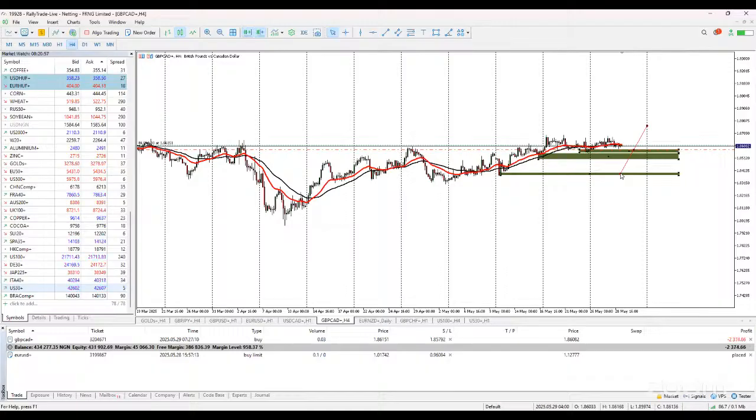By the time the market touches the first region to the second region, instead of waiting for this whole space, you can pick a short sell just to take advantage of this movement.